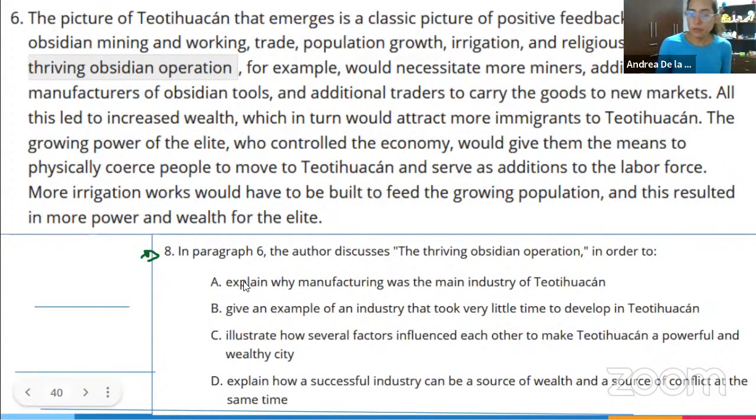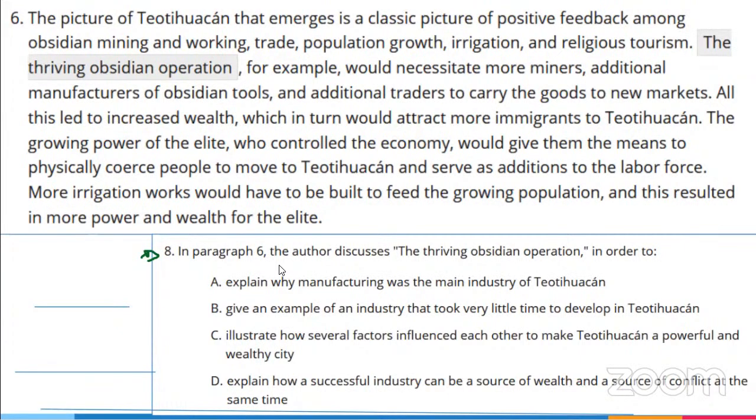Okay, so what would you say? Letter A. Okay.